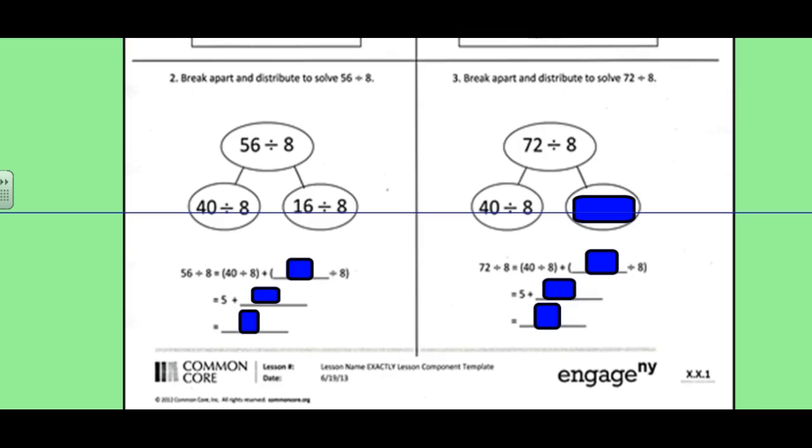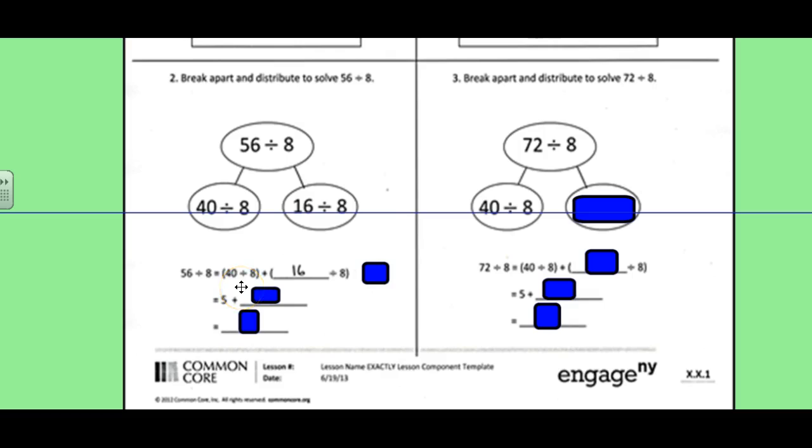If you can think back to what we just did in the concept development, they're using 40 divided by 8 just like we did, because that takes us back to our 5 facts and that's easier to work with. So right here, you can see how they took the main division equation and broke it apart into 40 divided by 8 plus another equation. The way we get this blank right here is just by looking at this equation. This one is 16 divided by 8, so in your blank you should have 16.